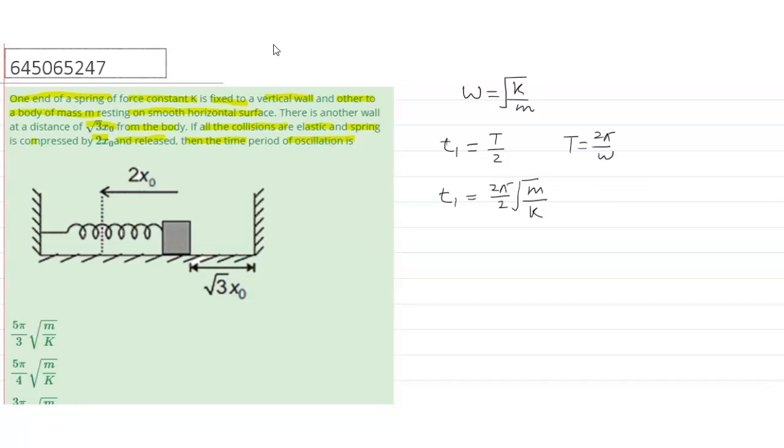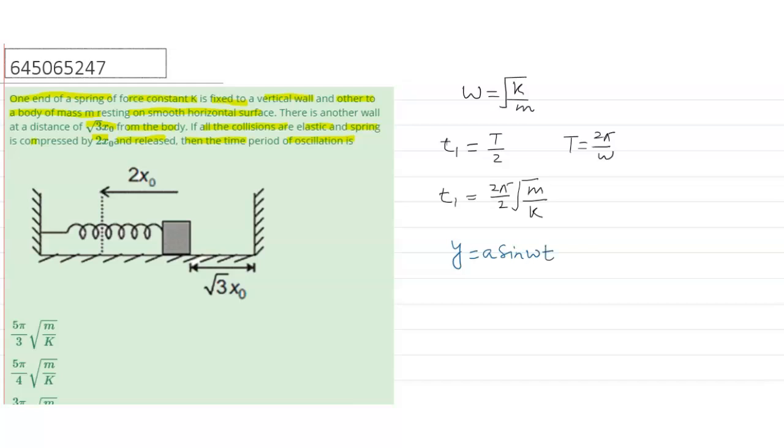Now to get the motion in the rightward direction, we will use the formula for SHM: y is equal to A sine omega t when it starts from mean position.